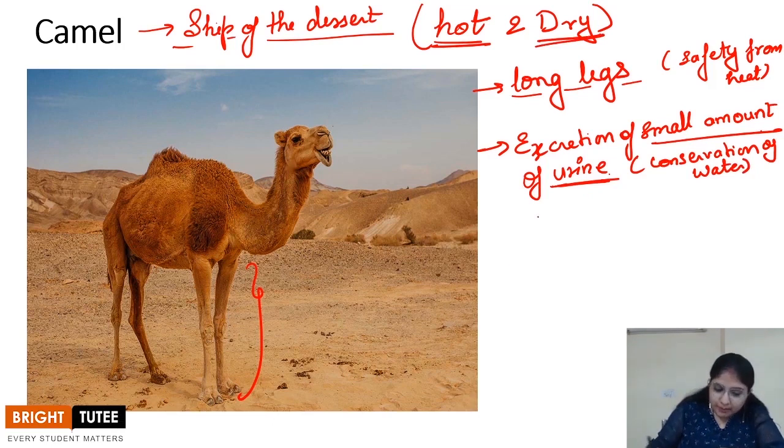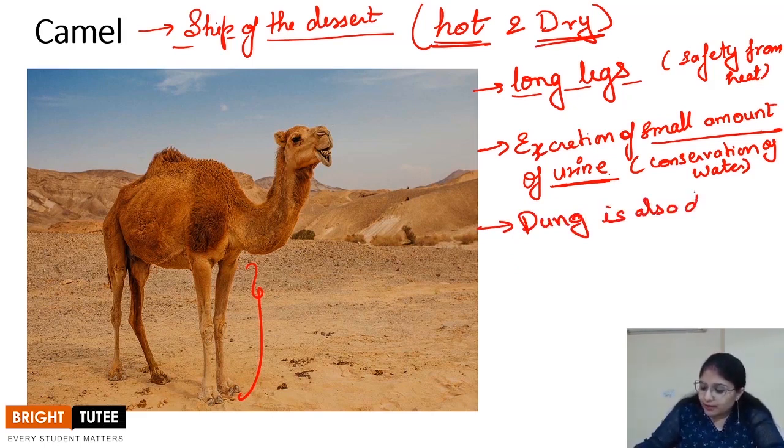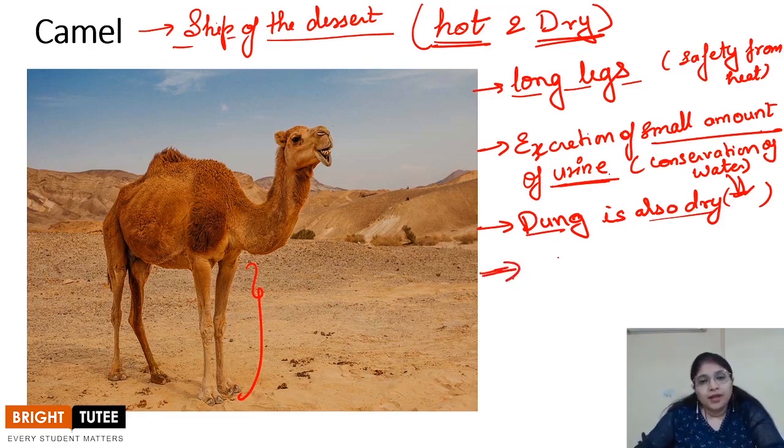Then, the camel dung is also dry. Again, over here we can see the conservation of water taking place. Same concept: the dung is quite dry so that the water is conserved. So they lose very little water through urine and dung.